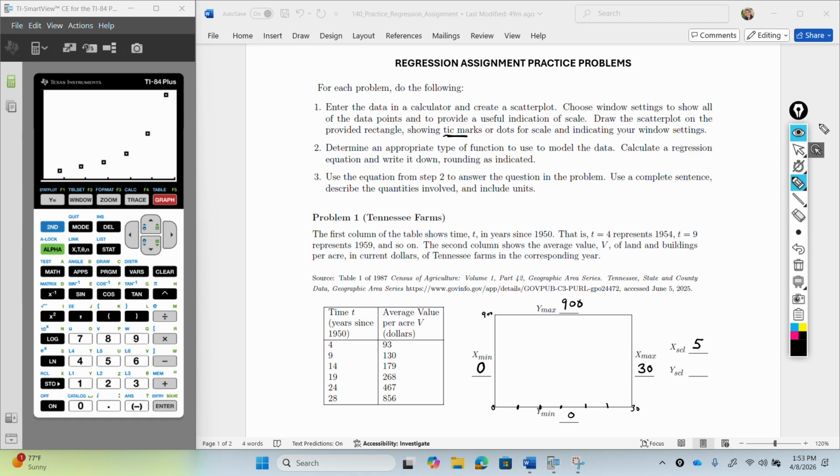So for my Y scale, let's see what happens. I'm going to press Window, and I'm going to come down here to the Y scale. So instead of every grid point being 1 unit, and those are so close together, it's just a solid bar, I'm going to make it 100 units. And then I'm going to press Graph. Okay, that is a lot better.